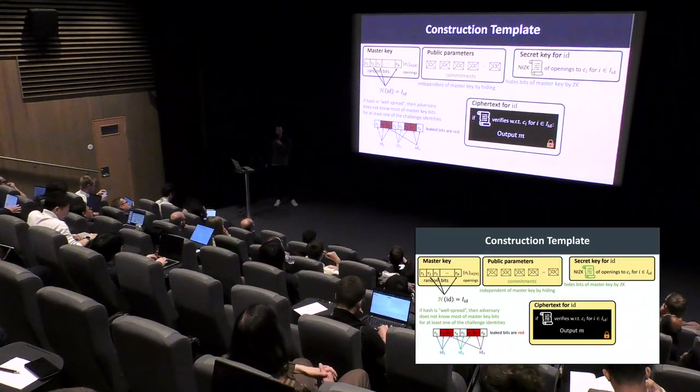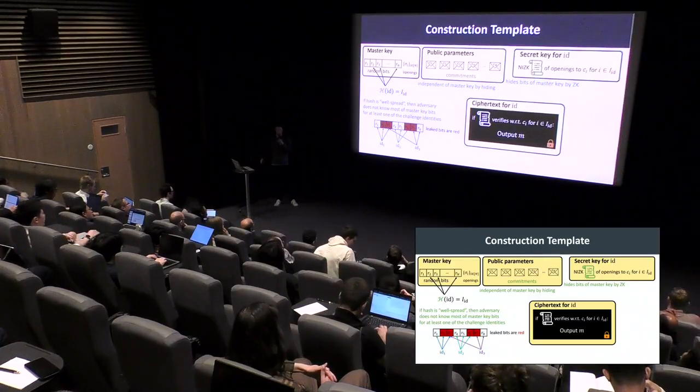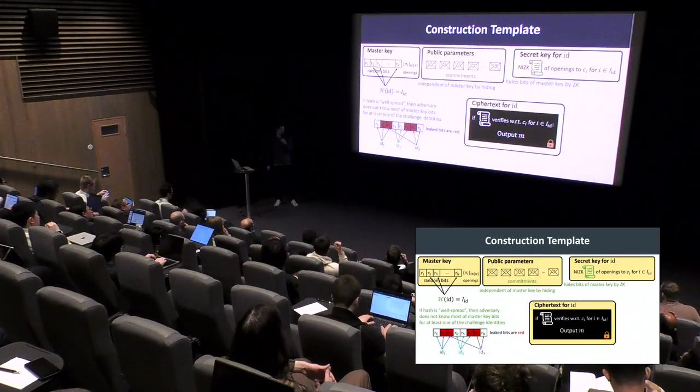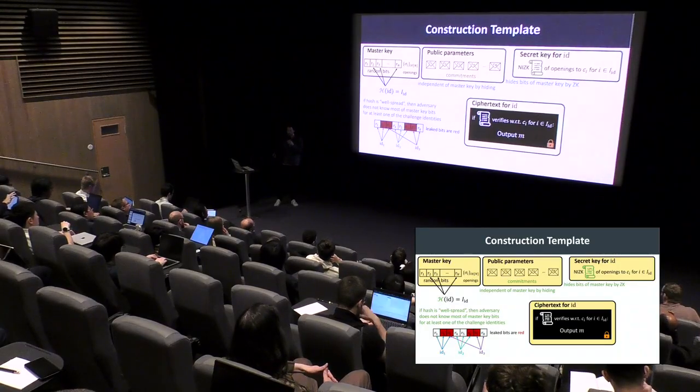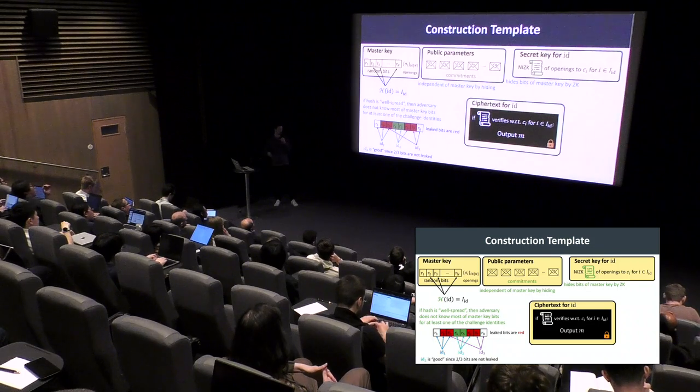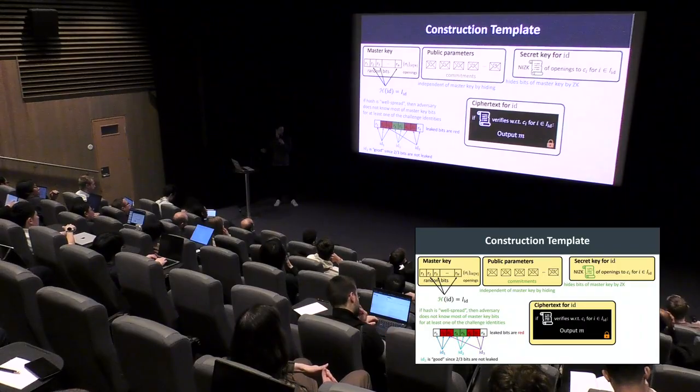So more concretely, you can imagine we have 3 identities, and the hash function outputs a set of size 3, and we have a key of 8 bits, and the adversary gets to leak 4 of them. Basically, the idea is that no matter which 4 are chosen, there's always going to be one identity where 2/3 of the bits are not leaked. In this case, it's the second one.